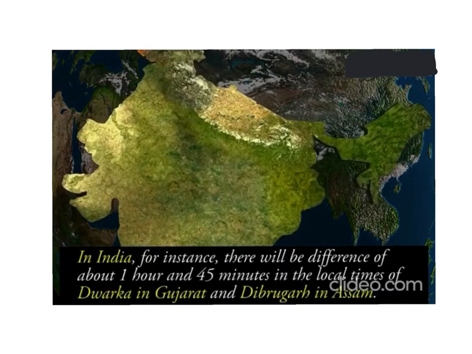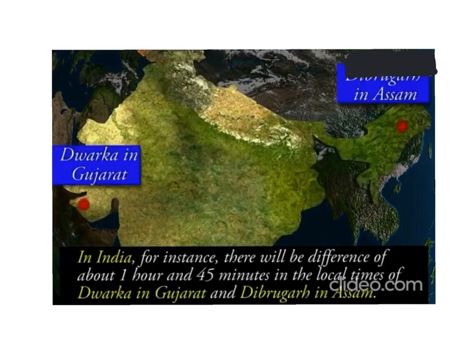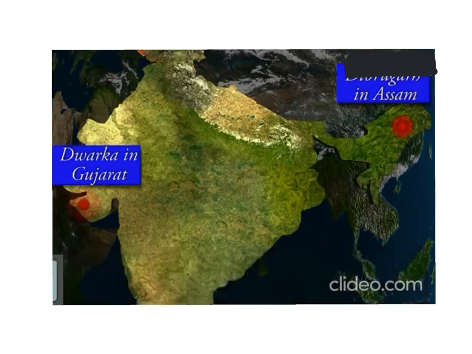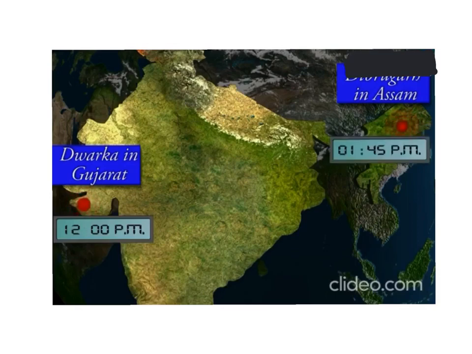In India, for instance, there will be a difference of about 1 hour and 45 minutes in the local time of Dwarka in Gujarat and Dibrugarh in Assam. For example, if it is 12 noon at Dwarka, then at the same time in Assam it would be 1:45 pm.